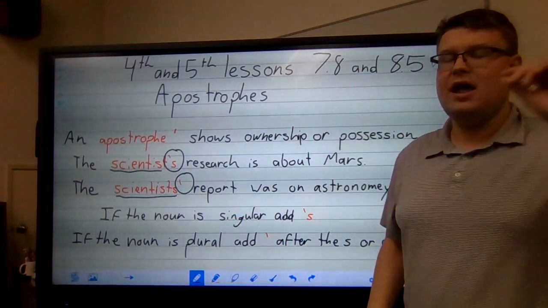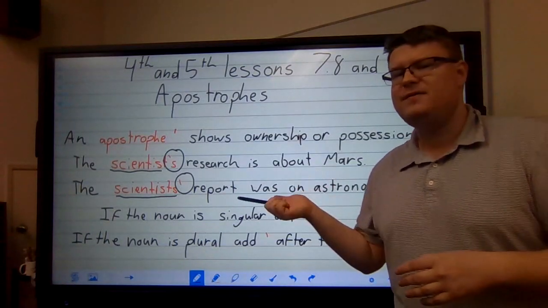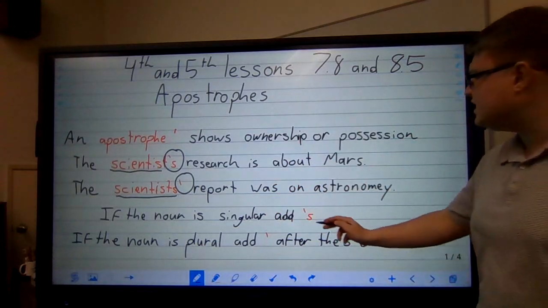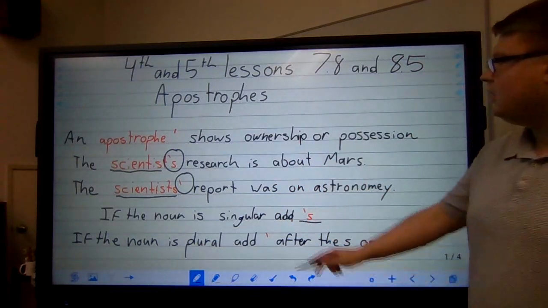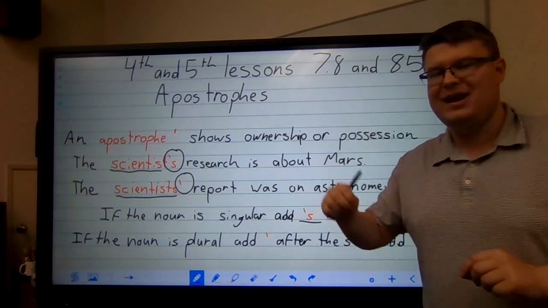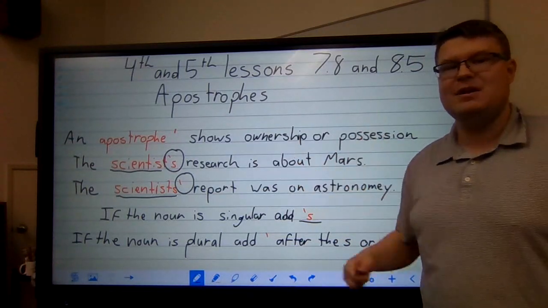Now, there is a bit of a rule when it comes to whether or not you add apostrophe S or S apostrophe. If the noun is singular, meaning only one thing, like in this sentence here, you will always only add apostrophe S, be that scientist, apostrophe S to make scientist's.